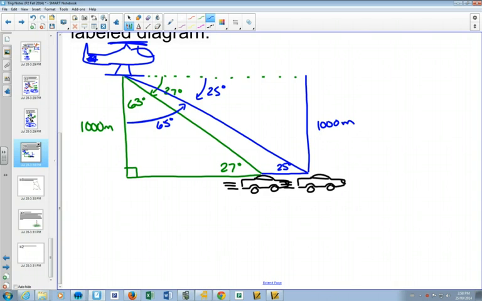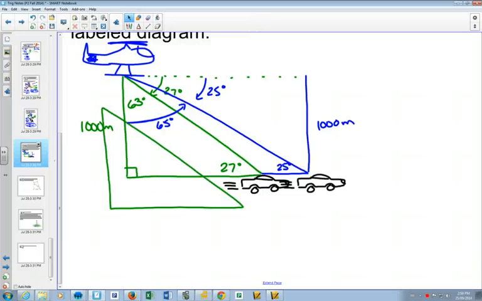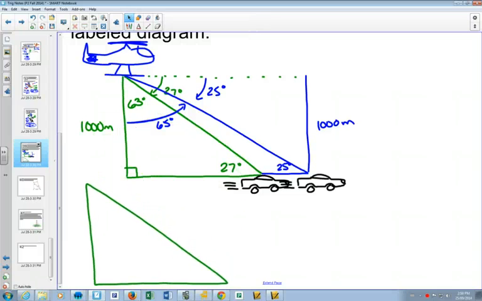Now again, there are 3 triangles, but the one that's not 90 that we can't use whatsoever, I'm not even going to take the time to draw it out. I'm going to talk about the green triangle, this first one. Bring it down here. And the blue triangle, which is the bigger one.